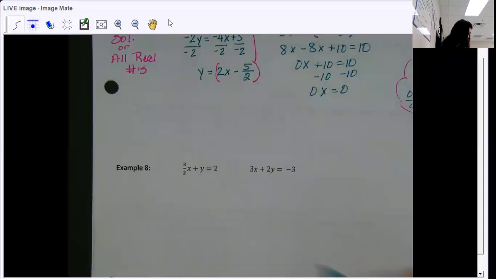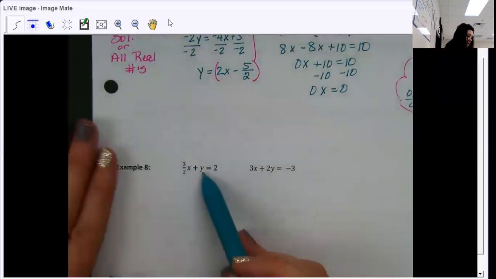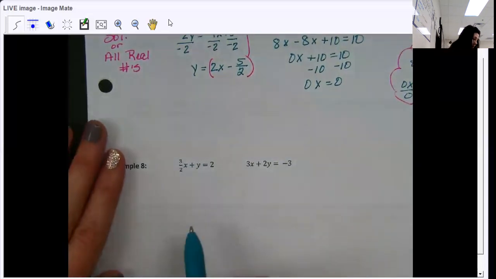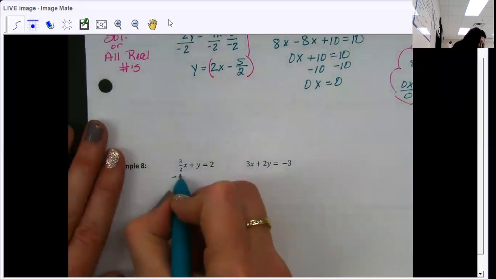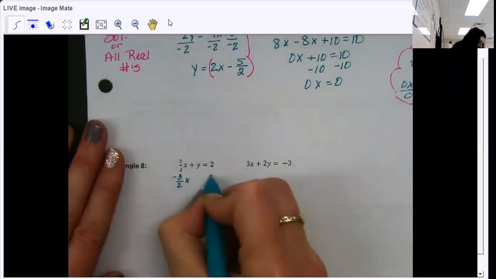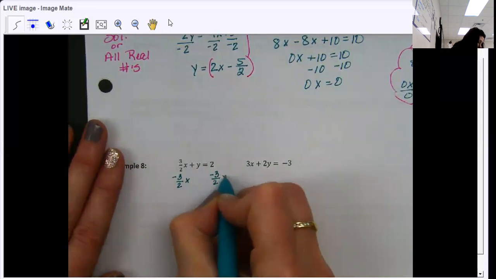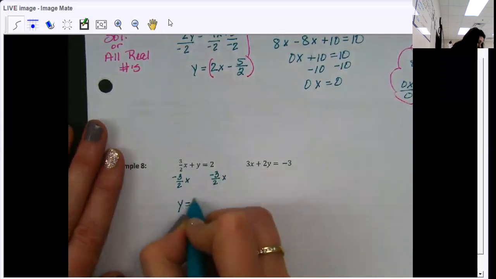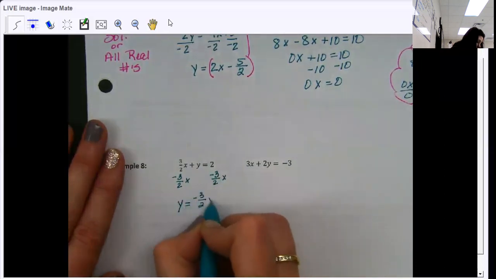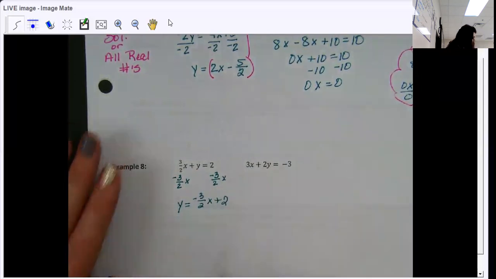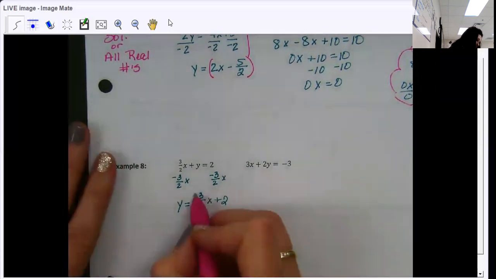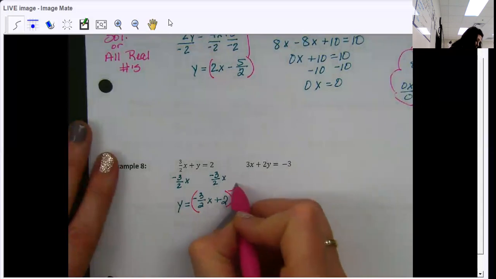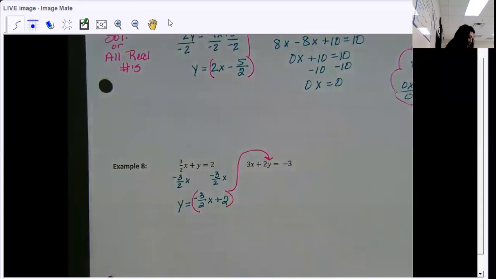Okay, so I'm going to manipulate this one and isolate my y right here because it does not have a coefficient. So I'm just going to move 3/2 x over here. Y equals -3/2 x plus 2. And when I do that, I'm going to substitute this into the y.